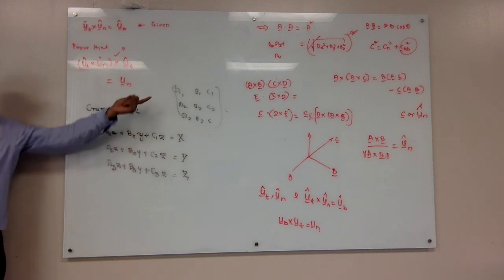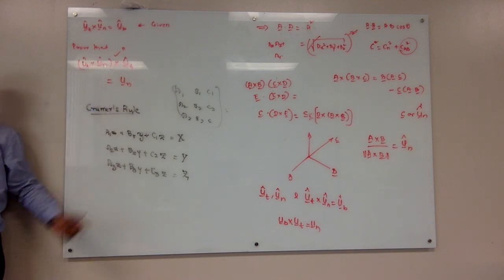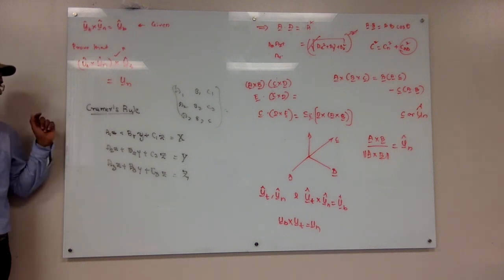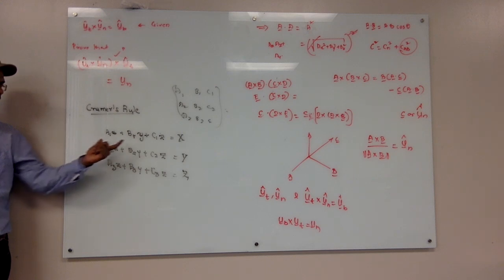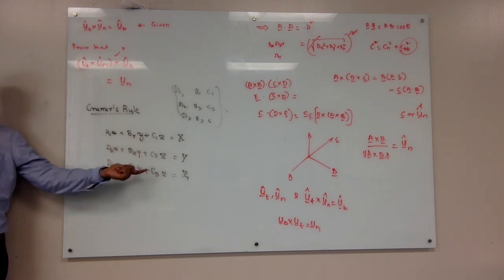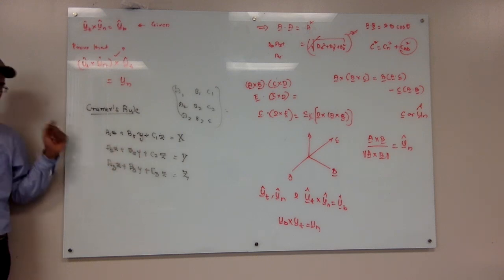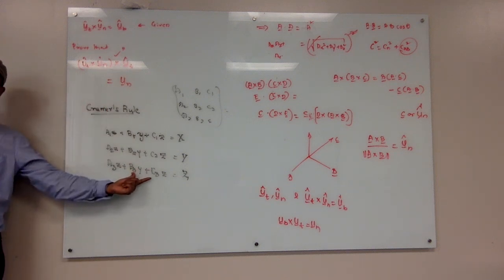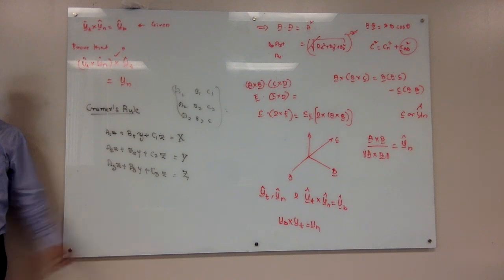So you have to look at how to use Cramer's rule to solve this. Typically what you will do is, you look at the first two equations, and try to cancel off terms, and whatever you get, you put it in the third equation and solve for C. But using Cramer's rule, you can make it much simpler.